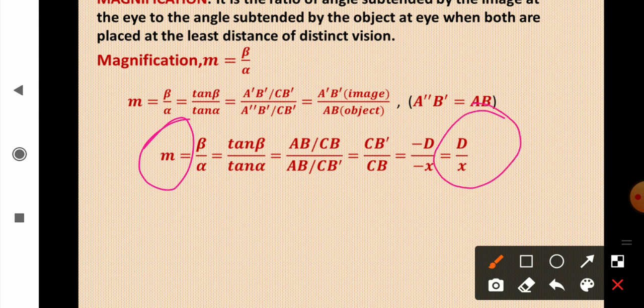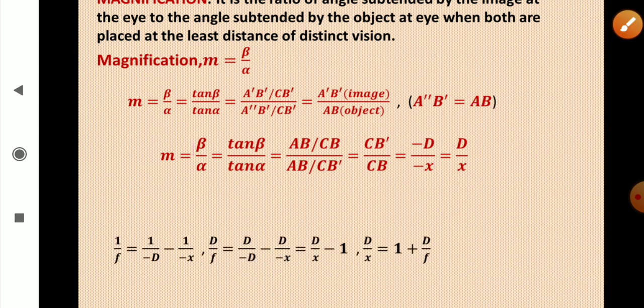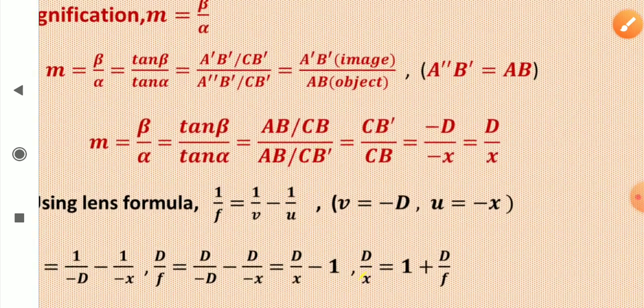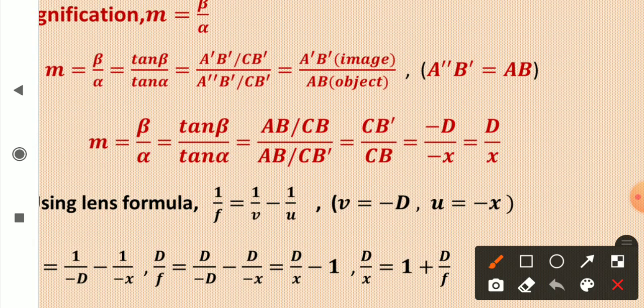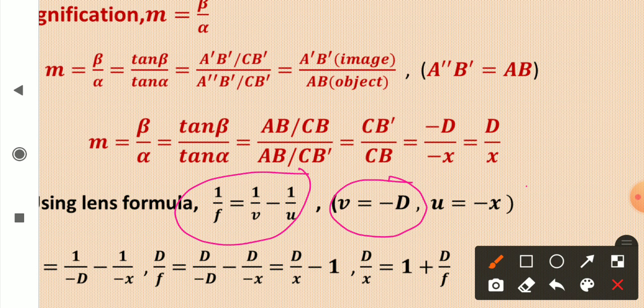Now we want to find out this magnification in terms of the focal length of the lens or microscope. So we are going to use the lens formula now. And if I am using the lens formula, then what? The image is formed at -d and the object is placed at -x.